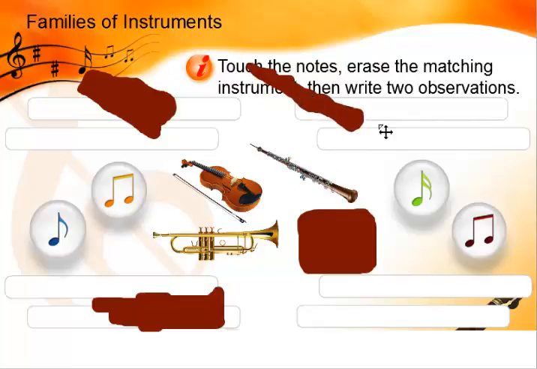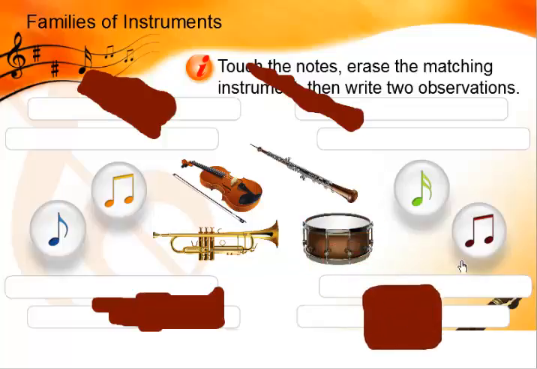Followed by the oboe. And lastly, the snare drum. Each instrument is from a different family, and we're going to learn about these in just a moment.